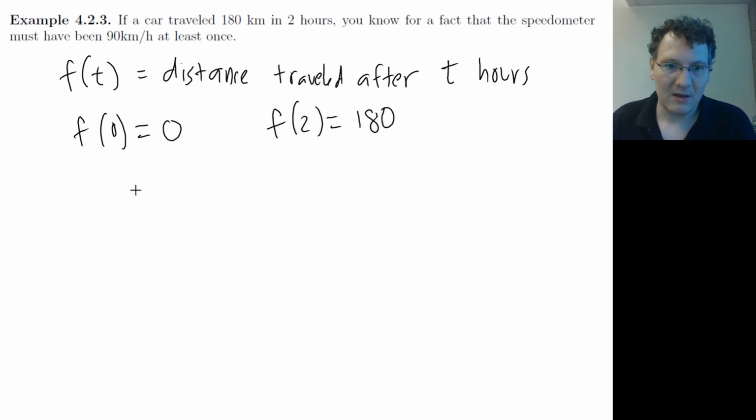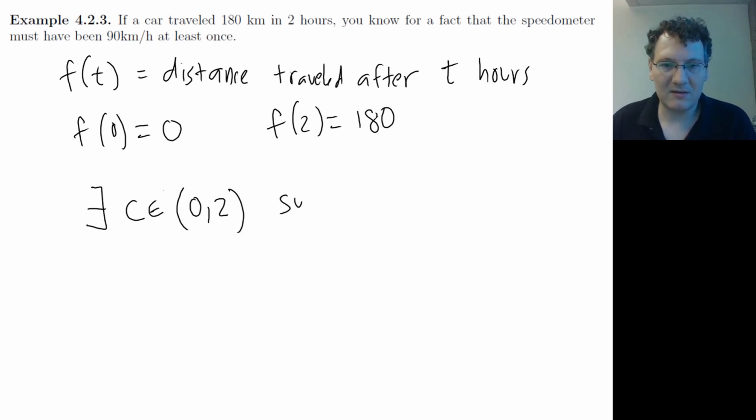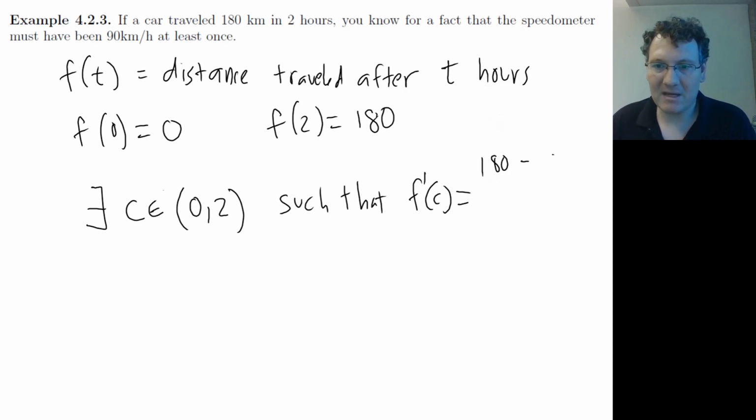And so that means by the mean value theorem, there must exist some c in the interval from 0 to 2 such that f prime at c is equal to the average rate of change. That's 180 minus 0 over 2 minus 0. Well, that's exactly equal to 90.